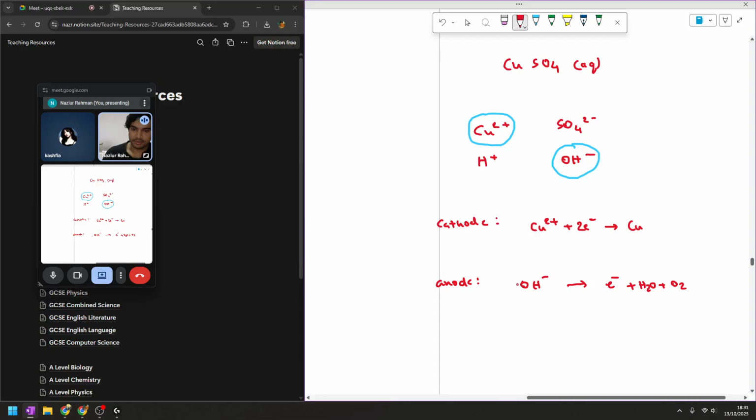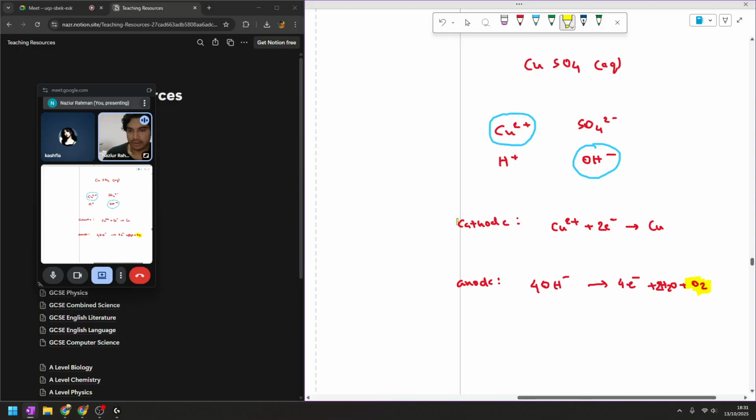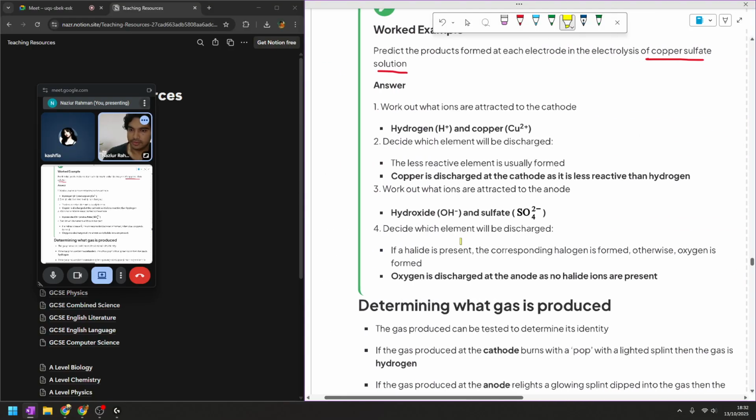To balance this, I have to put a 4 here, a 4 here, a 2 here, and a 2 there. That's balanced. So you make oxygen gas. The water you make just stays as water. So what you're going to see is oxygen gas being made. At the cathode you make copper metal, and at the anode you make oxygen gas because the hydroxide gets oxidized.